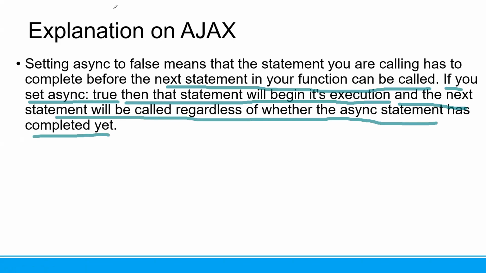So it depends on your requirement. Let's say if you are having a very big data and you need more time, maybe you can put the async equals to true, so you don't need to wait. If you want to wait for the data to be loaded, then you can set false, until all the data loaded, then you can see all your pages.